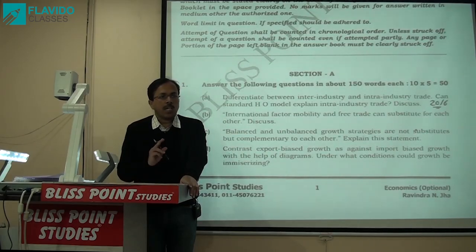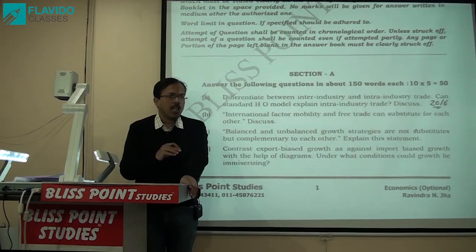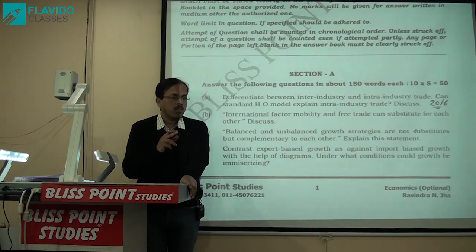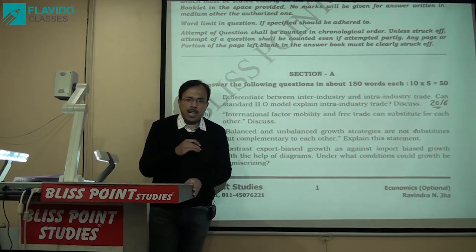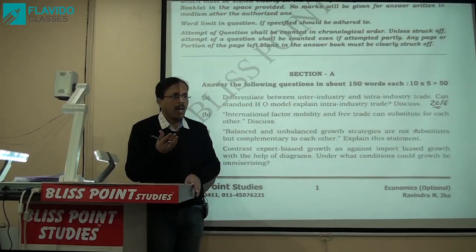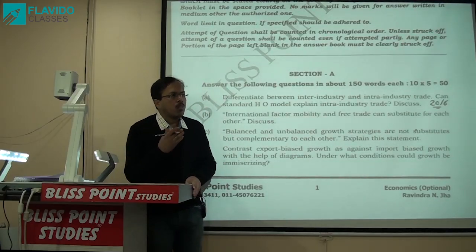So since products are differentiated, it means if the home country is producing cloth and in the cloth industry there are 10 firms, then all those 10 firms are not producing the same cloth. They are producing different varieties of cloth. So it is now possible that the home country is exporting cloth and the home country is also importing cloth, but it is not the same cloth.